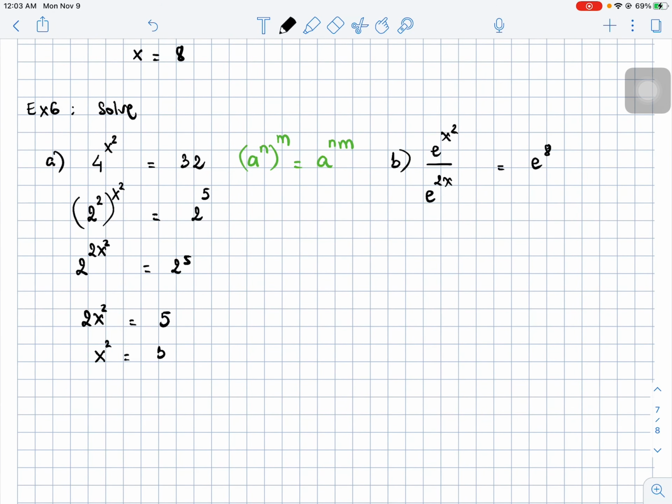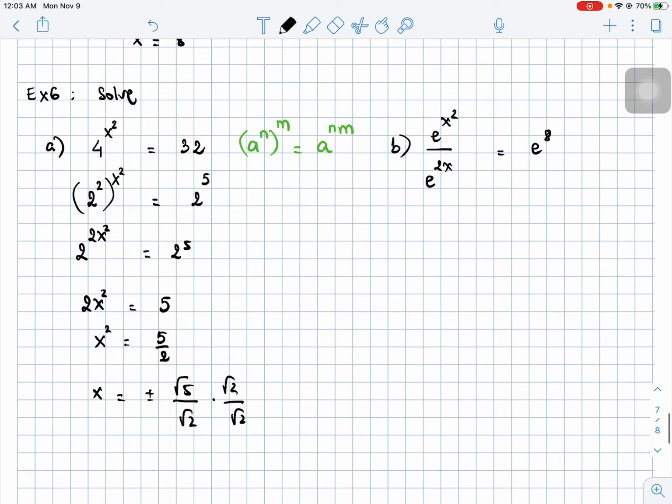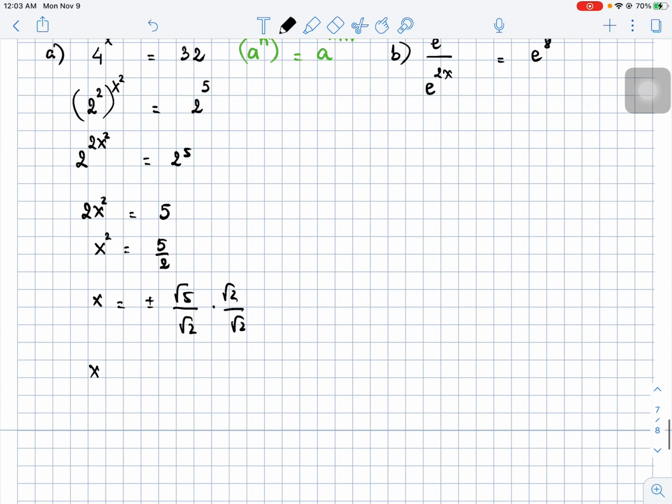Now we solve: x squared equals 5 over 2, and then x equals plus or minus the square root of 5 over the square root of 2. We rationalize the denominator, so we get the square root of 10 over 2.